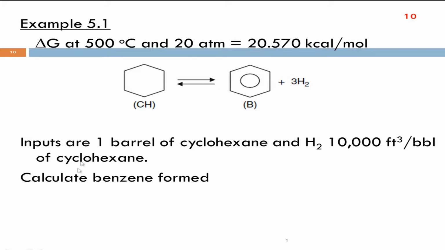This example asks you to find out how much benzene can be produced with an input of 1 barrel of cyclohexane and some pressure built up by hydrogen, at a ratio of 10,000 cubic feet per 1 barrel of cyclohexane.